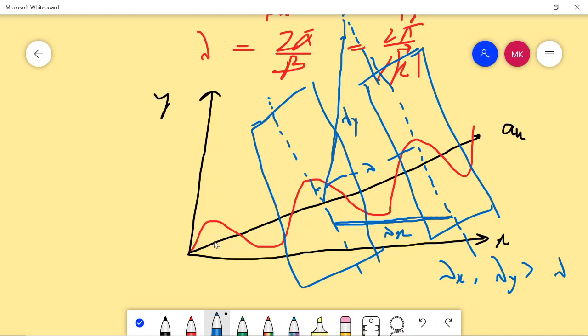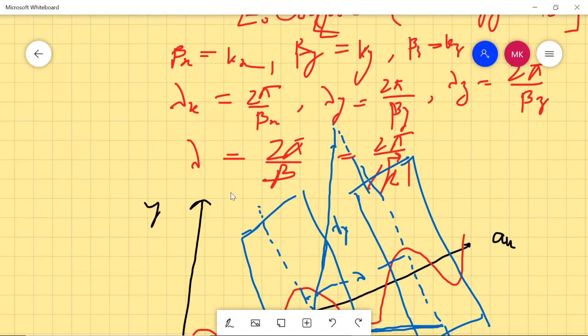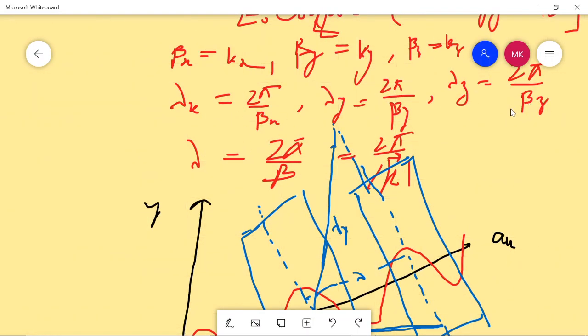Similarly, you can see on the z-axis, if you move in the z direction, you will encounter the next plane, so you get lambda z. So this is how you understand what is meant by lambda x, lambda y, and lambda z.